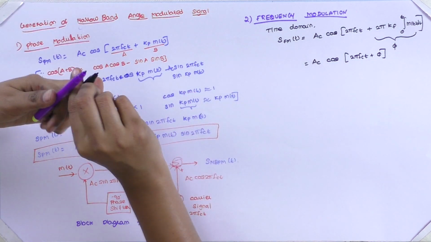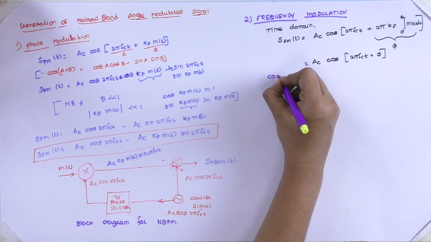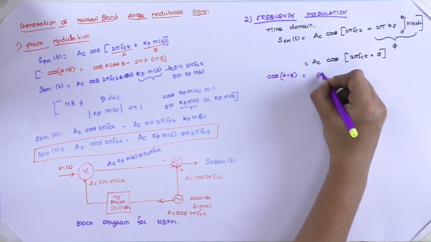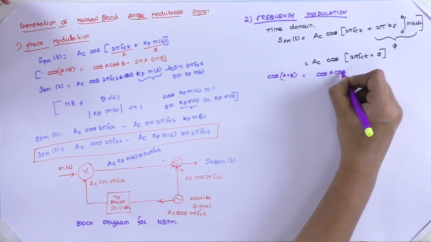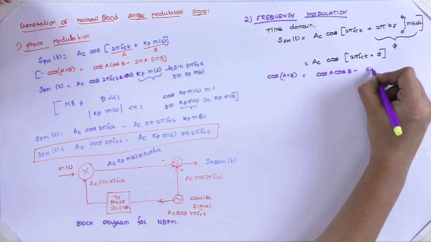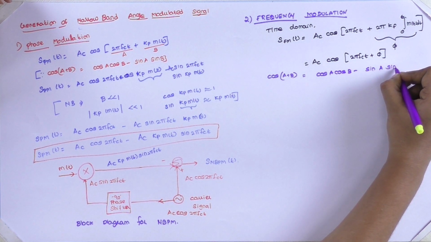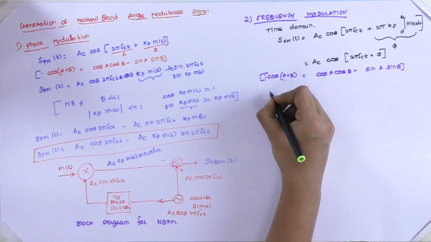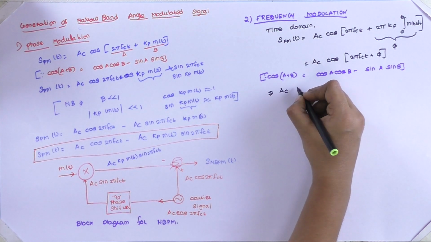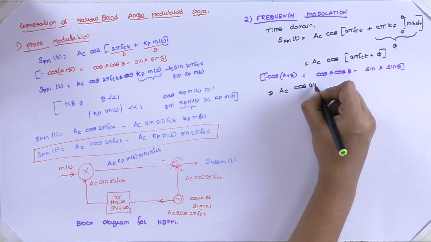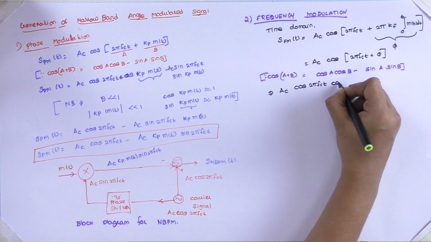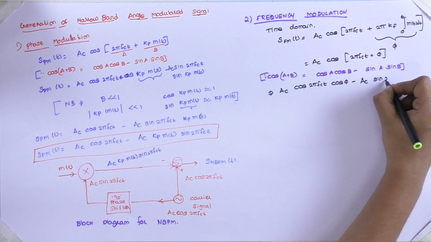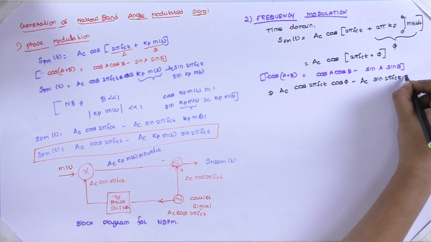Now we can apply the cos of a plus b formula. Cos of a plus b is equal to, just now we have written, cos a cos b minus sin a sin b. Therefore, by applying this, we can rewrite this expression as AC cos 2 pi fct cos phi minus AC sin 2 pi fct sin phi.